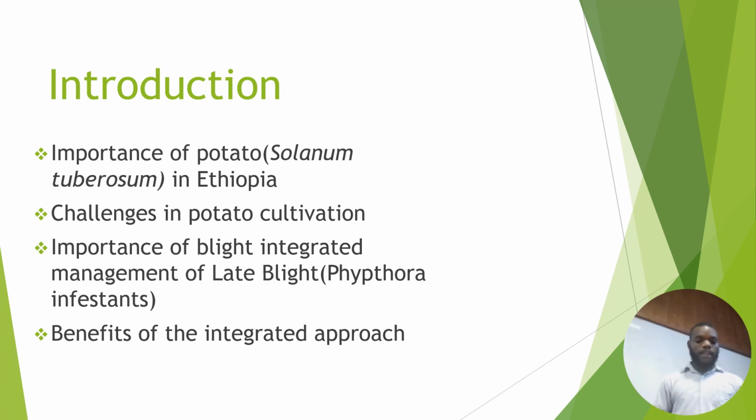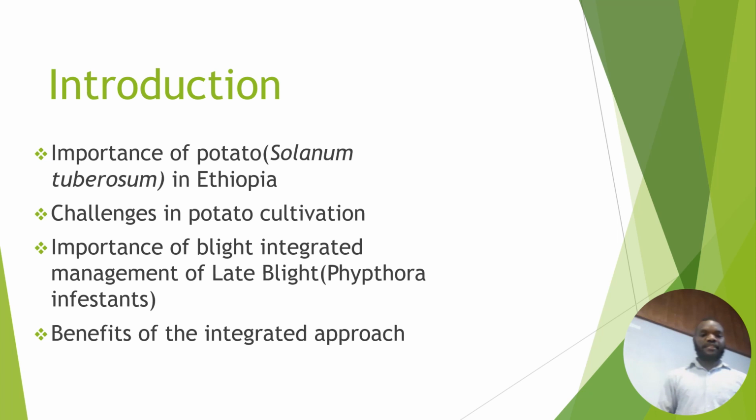It improves the durability and availability of released potato varieties in the production system, and it can increase the economic benefit for farmers by reducing yield loss and improving crop productivity.